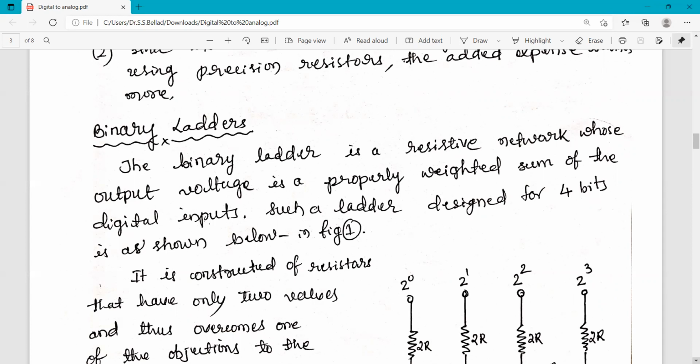This binary ladder is a resistive network whose output voltage is a properly weighted sum of the digital inputs. Such a ladder designed for 4-bit is as shown in the figure.